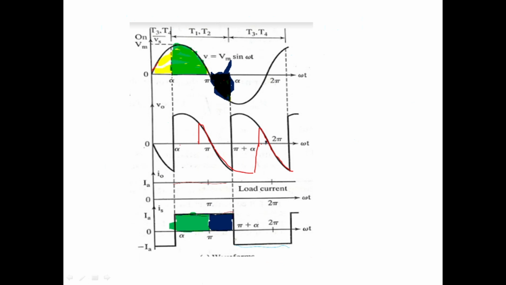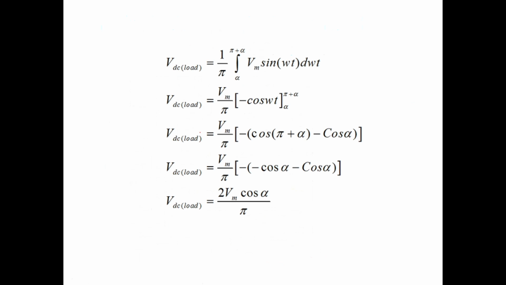On this side, if you take the average of that, then the negative is more, the positive is less. So if you come back to this formula, if alpha is more than 90 degrees, what is the value of cos alpha? Negative. So I can deliver negative voltage to the load also. This value can take negative when alpha is more than 90.